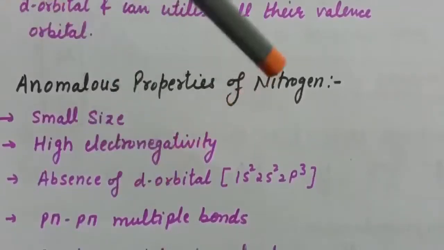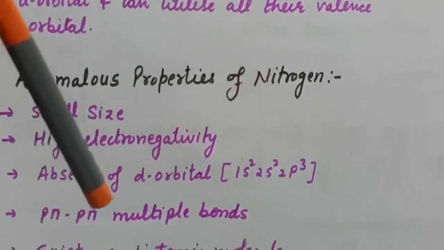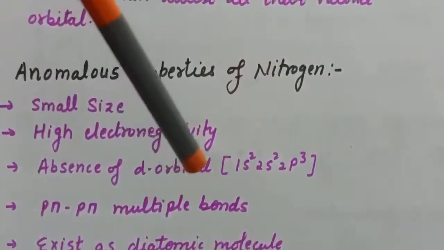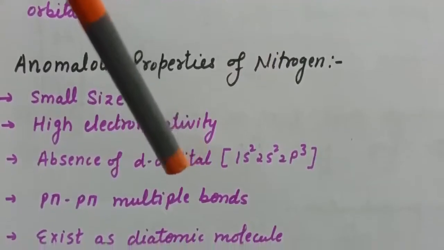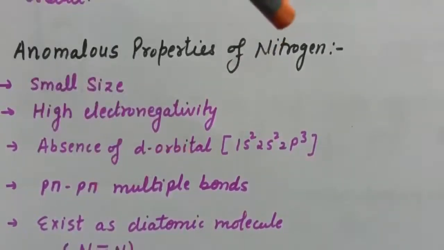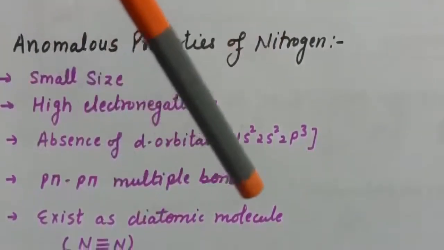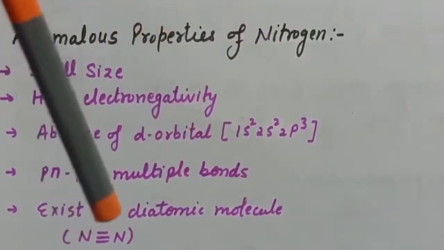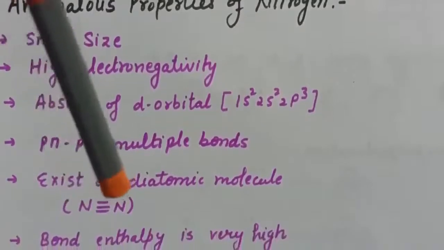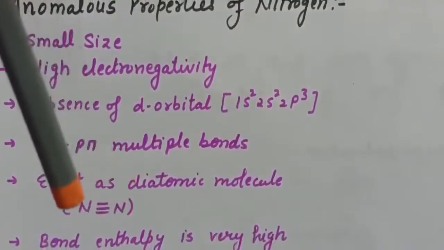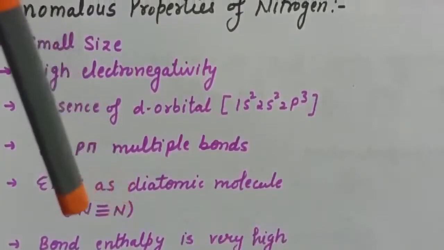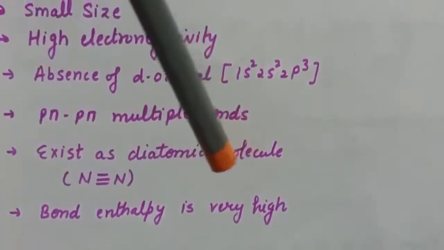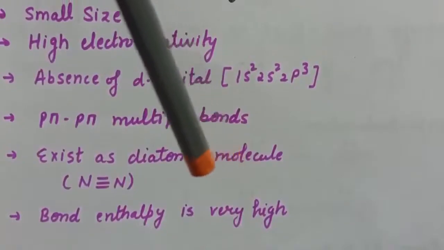Fourth, nitrogen can form p-pi p-pi multiple bonds with itself and with other elements like carbon or oxygen. Next, nitrogen exists as a diatomic molecule and the bond between nitrogen and nitrogen is a triple bond. This triple bond is very strong and it is very difficult to break. That is, the bond enthalpy is very high and the value is 941.4 kilojoule per mole.